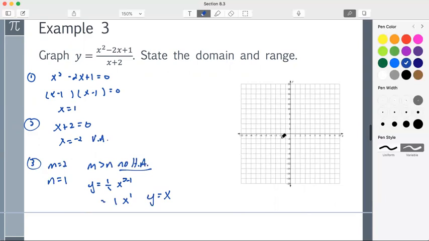All right, so we have -2 as our vertical. We have (1, 0) as our x-intercept. And graphing, again, we're picking some points here. So it kind of looks like this.